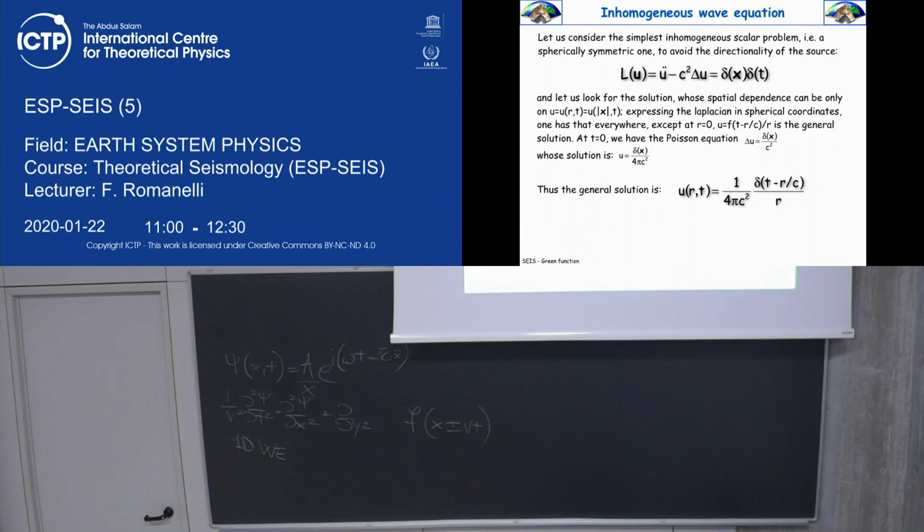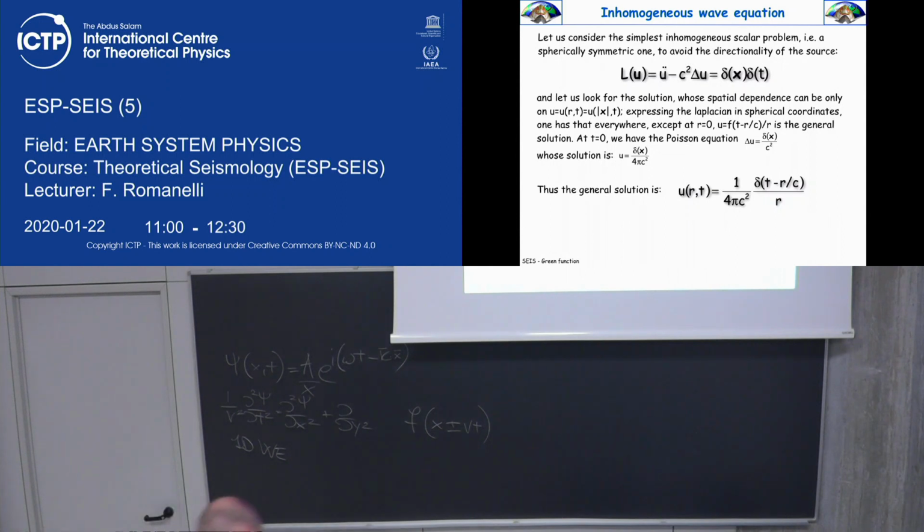This is a normalization factor, and this has to take care of the conservation of energy because it's a spherical wave, radiating like that. So nothing is new here, because putting a delta in time and in space and preserving the radial symmetry, we got the solution that we were waiting for.